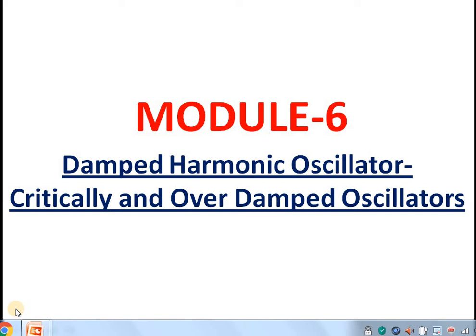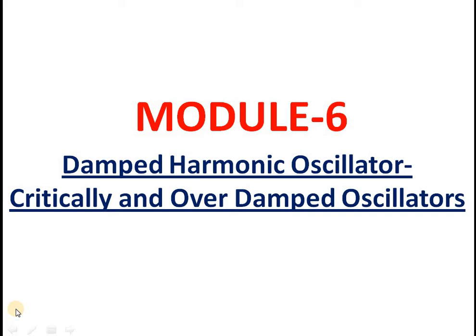We considered an underdamped oscillator, and we obtained the differential equation and its solution for an underdamped harmonic oscillator. Today we will continue the discussion of the damped harmonic oscillator with the two other special cases: critically damped oscillation and overdamped oscillation.